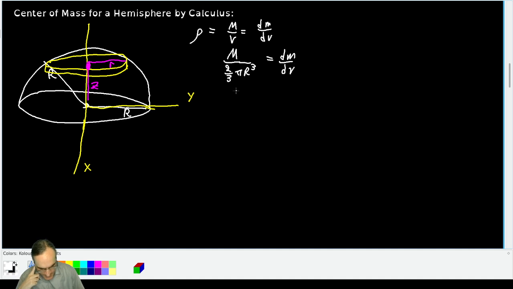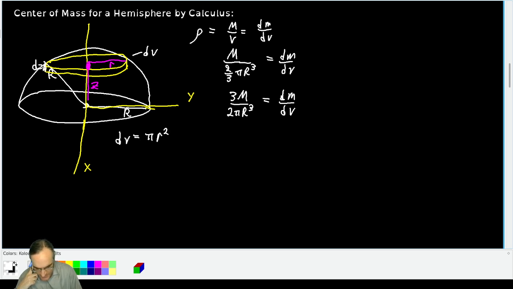All right, and then we can rearrange that a little bit. 3M over 2 pi big R cubed is dm over dv. So what is the volume of this slice? Well, dv is going to be pi times little r squared times dz, since we're slicing it up into slices along z.